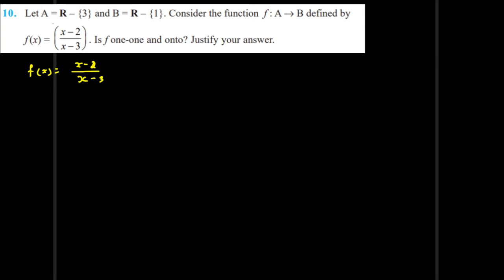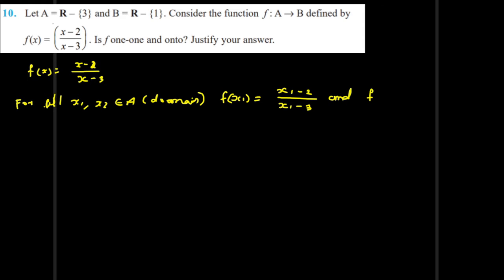Okay, so we can take, for all x1, x2 belonging to the domain A, f of x1 equal to, here replace x by x1, (x1 minus 2) by (x1 minus 3), and f of x2 equal to (x2 minus 2) by (x2 minus 3). Then f of x1 equal to f of x2.